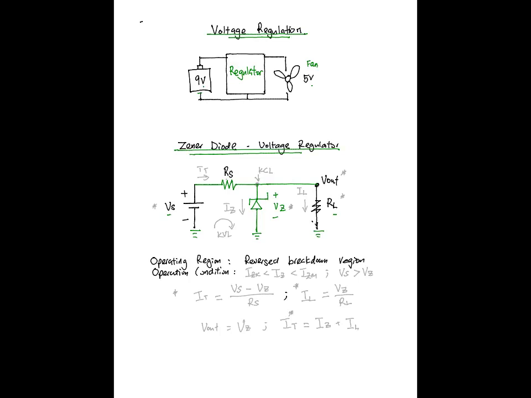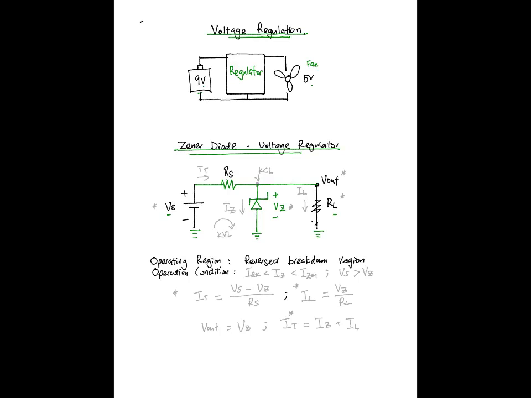Do take note that in order for the Zener diode to work properly, that means maintaining voltage regulation, it always operates in the reverse breakdown region.